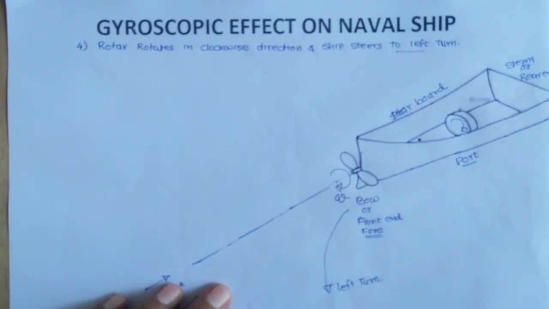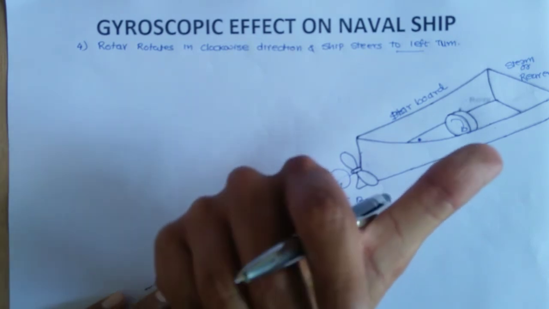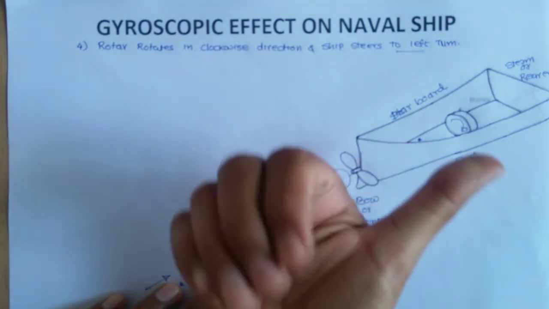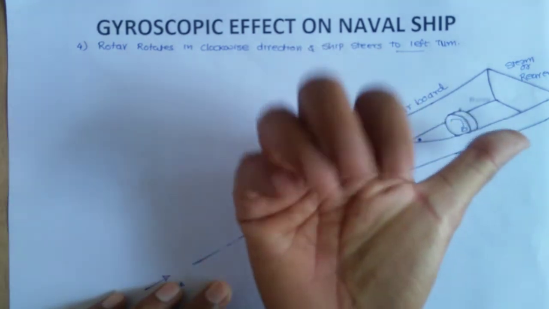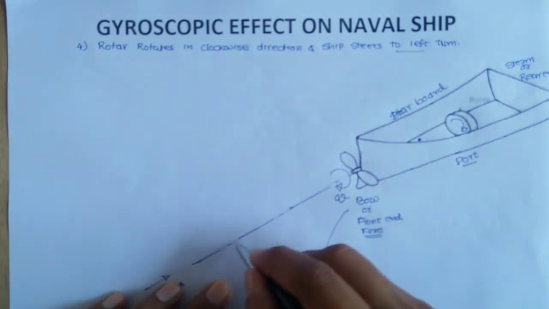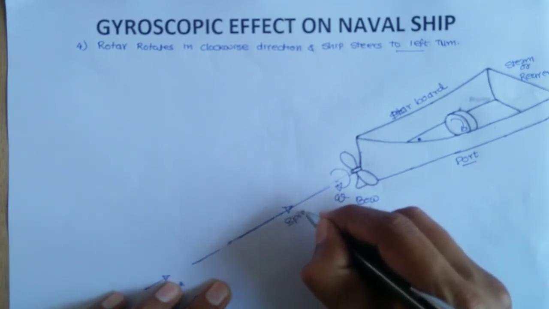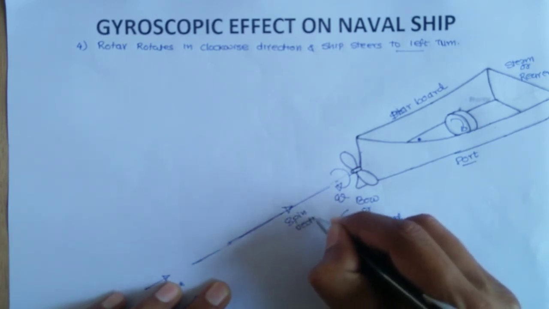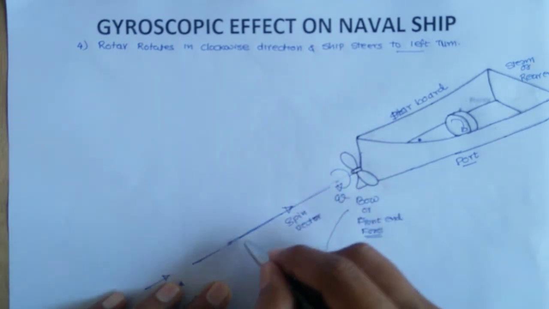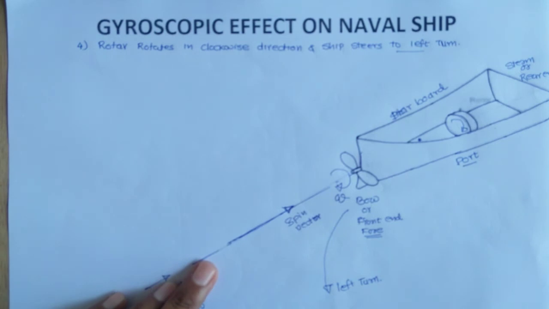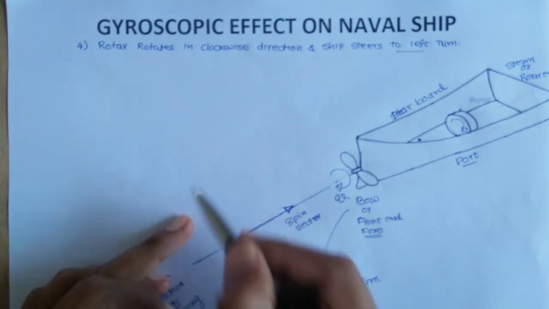So again, first of all we draw a spin vector. This is the direction of rotation of the rotor according to the right hand screw rule: curl the fingers in the direction of rotation of the rotor, then the direction of the thumb is the direction of the spin vector. So this is our spin vector. We know that the axis of precession is always at right angle to the direction of spin.